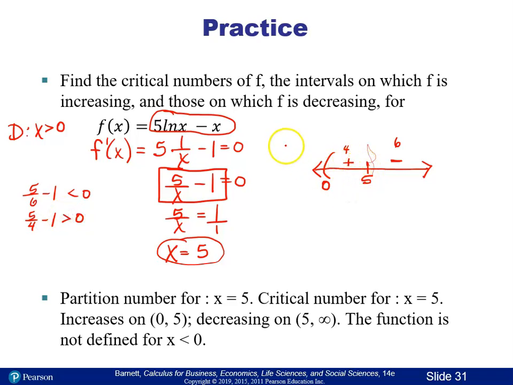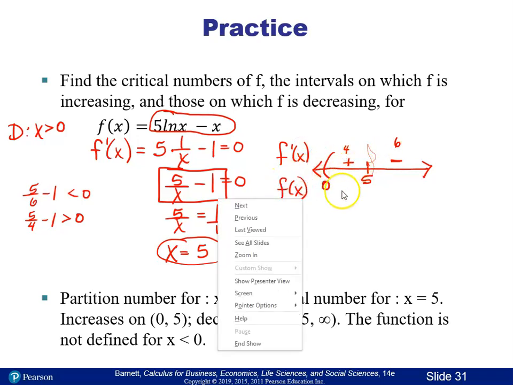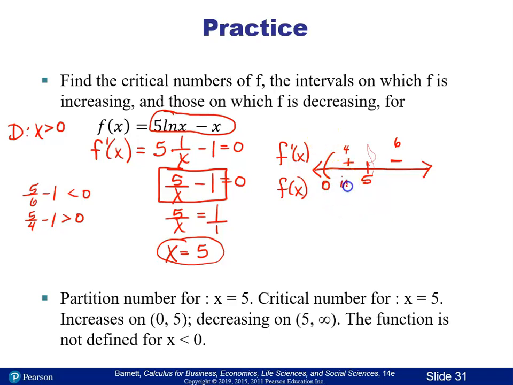So we're plugging into the first derivative, but it's telling us something about the original function. So our function here is increasing and then decreasing. It increases from 0 to 5, and then it decreases from 5 to infinity. And remember, our function's not defined for negative numbers, so we can't go below 0. It's the reason we have this 0 instead of negative infinity.